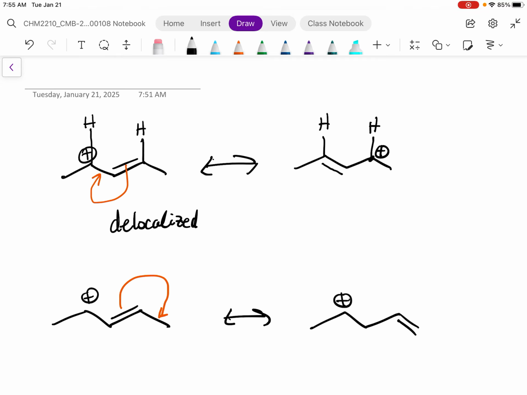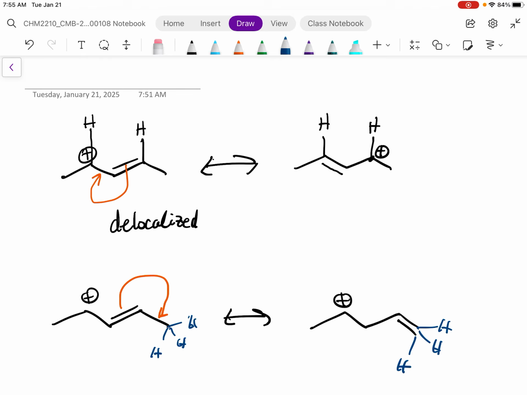Did I do that correctly? No. People who said no, why is that so bad? Because this carbon right here has how many hydrogens? 3. And in resonance structures, do we move atoms? No, we don't. So there's still 3 right there. So clearly that's a carbon with too many bonds, and that does not work.